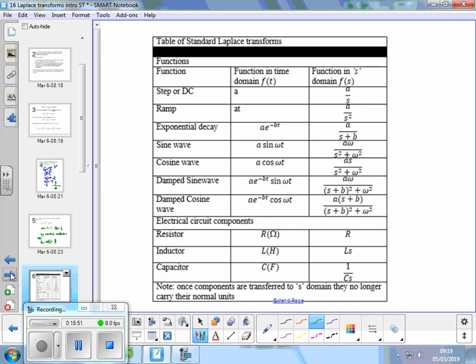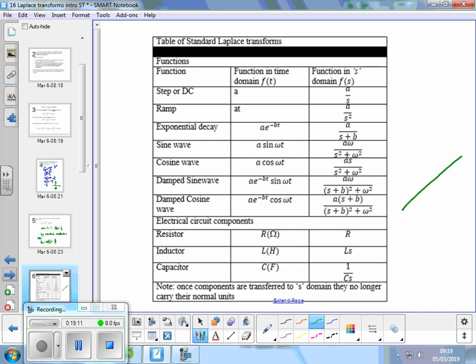Okay, so a ramp input, so input where the voltage is increasing over time, is a over s squared. Then we've got a constant multiple function of time, exponential decay.